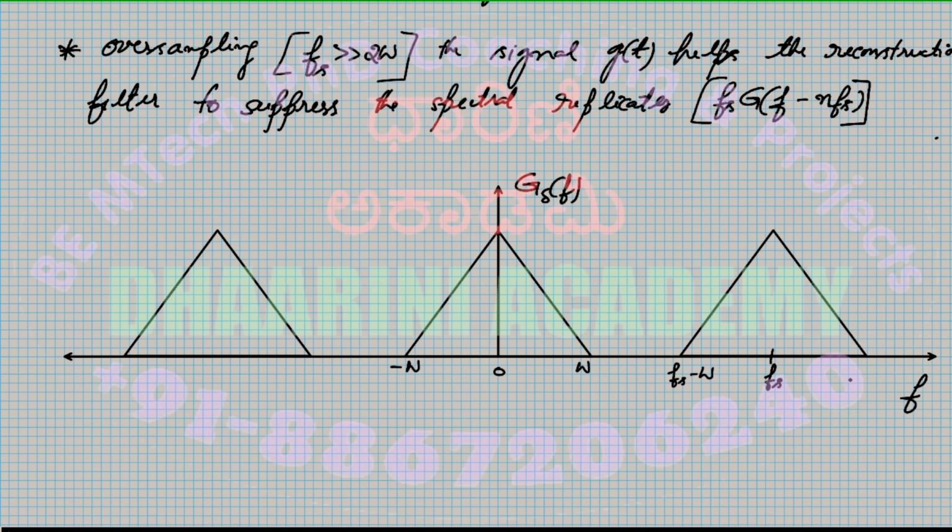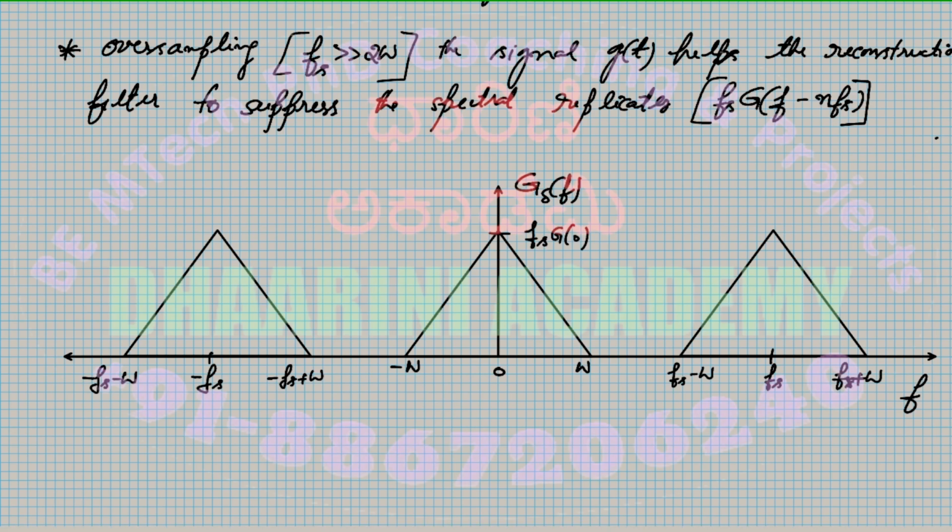This is fs plus W. I have the negative frequency minus fs, so this is minus fs plus W and minus fs minus W. The highest amplitude will now become fs into G of f, so there is a scaling factor coming into the picture like this.